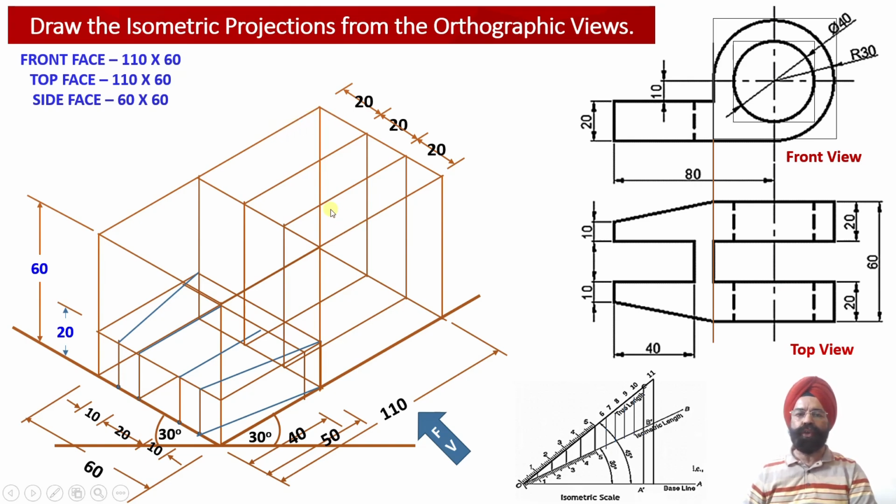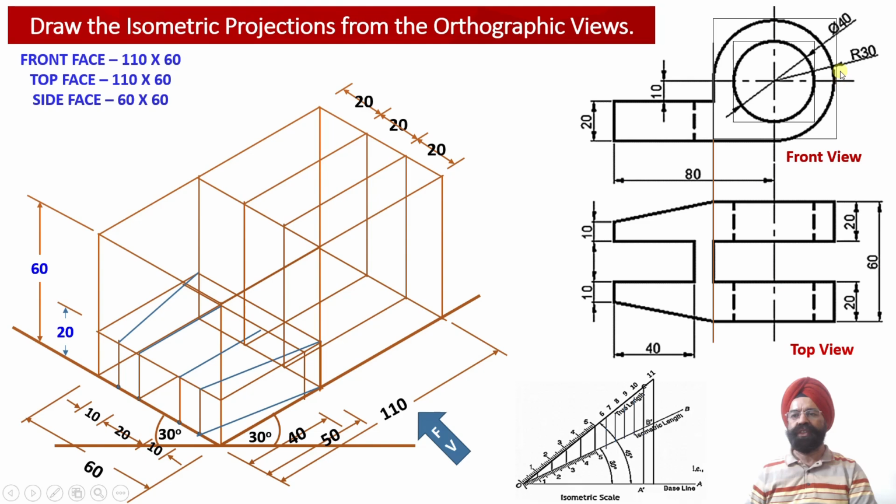Now into these 4 square surfaces, we have to obtain the circular projections corresponding to these circular webs. We know that in order to obtain circular projections, we have to inscribe a circle into a square.